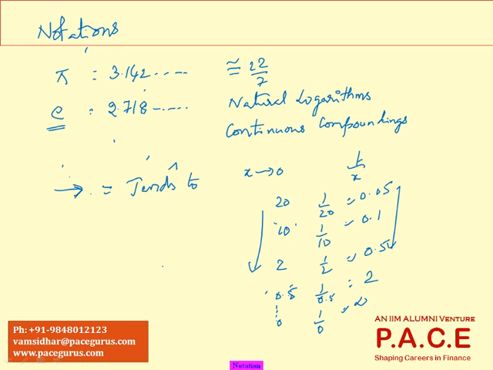If x is tending to 0, x is not actually 0, but it is coming closer and closer to 0, how is the particular value getting impacted? That is the usage of tends to in our typical notation. So even this particular aspect is something which you all need to be comfortable with as far as our exam goes.